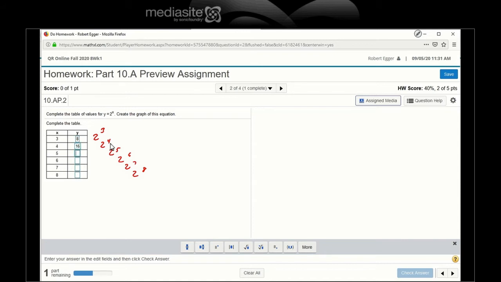Okay. Now let's multiply by 2 again, which is 32. Multiply by 2 again, 64. Again. And again. So each of these is just going to be another times 2 from the previous number.